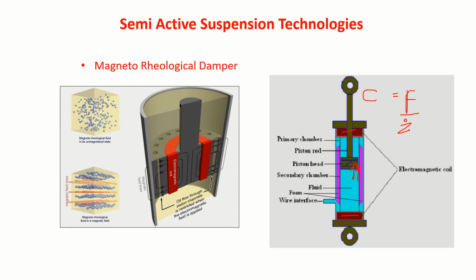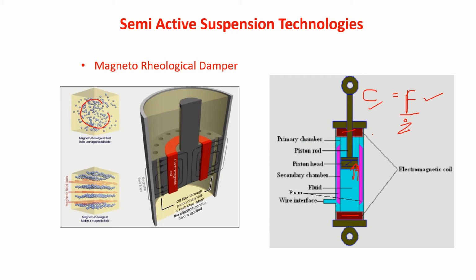If the viscosity increases, force increases, and the damping coefficient also changes. So if you align more and more, you can go on making it very, very hard. If you reduce the current, we can reduce the viscosity also.